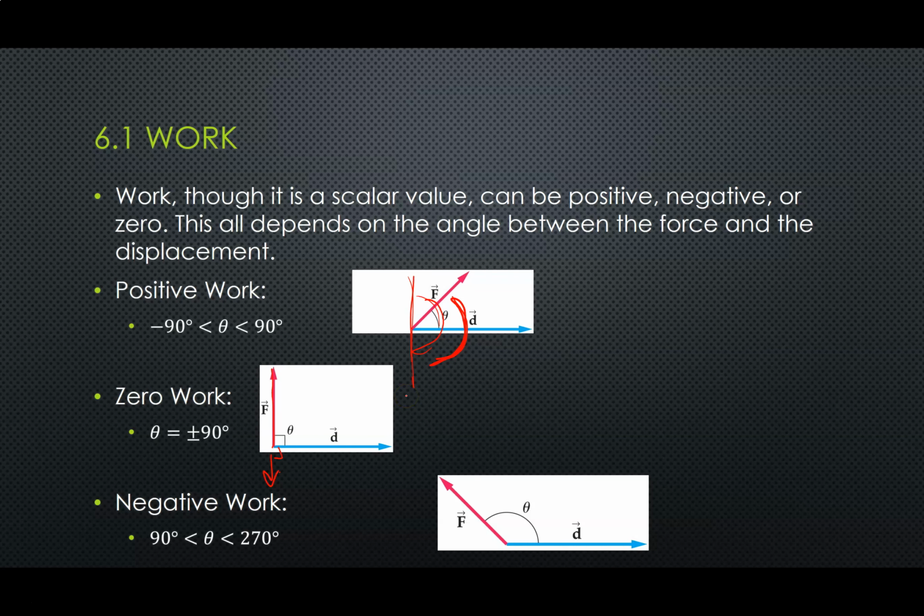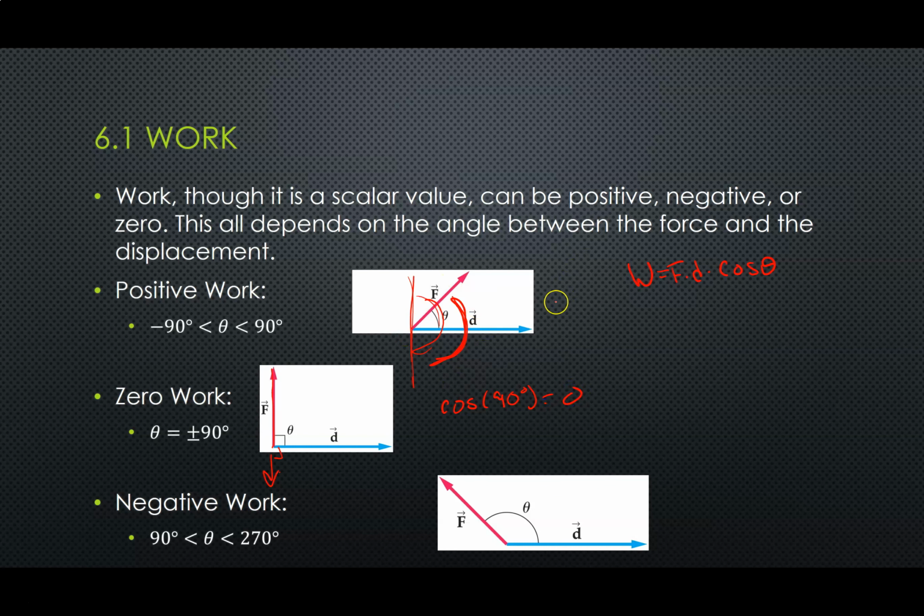This comes from that trig function. We have looked over and over again at the fact that work is equal to force times displacement times cosine of the angle between those two vectors. So as we measure this angle, we look at what those values that come out get. If we do cosine of 90 degrees, we get 0.